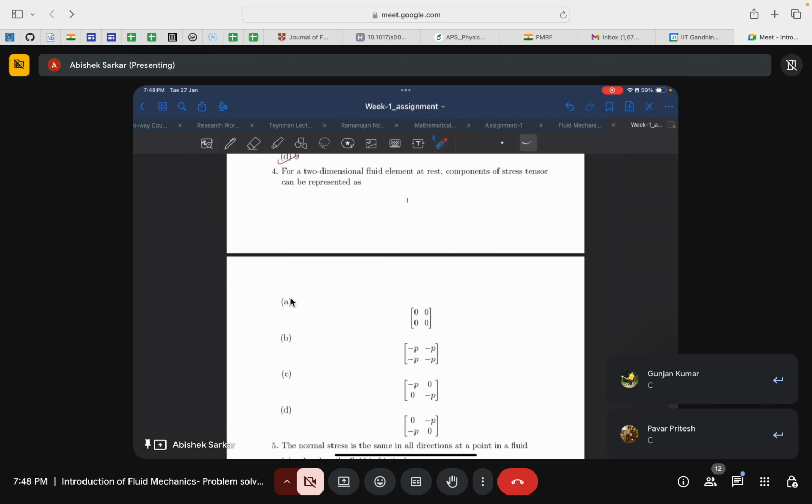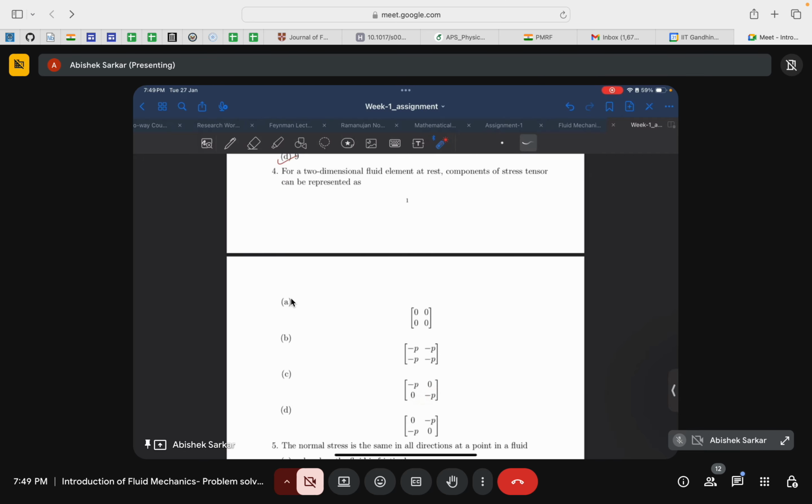Gunjan and Power both say C. If you recall, that is correct, because the diagonal elements are the ones that denote the normal stress components. Since in the case of a fluid element at rest the shear stress components are 0, we expect the other components to be equal to 0.